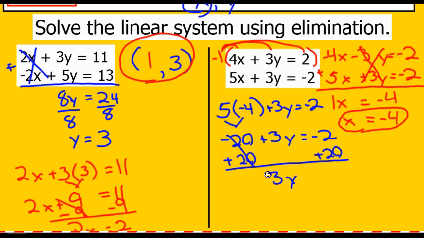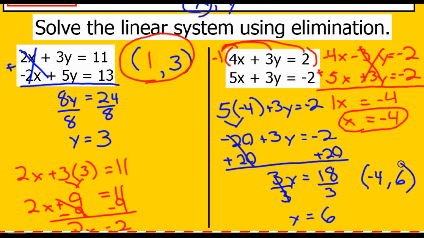So we get 3y equals negative 2 plus 20, which is positive 18. Finally divide by 3, and we get y equals 18 divided by 3, which is 6. So our solution to this system is x equals negative 4 and y equals 6. Our solution is negative 4, 6.